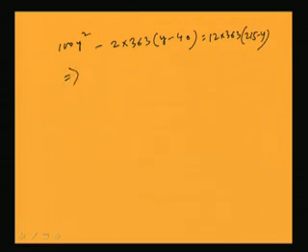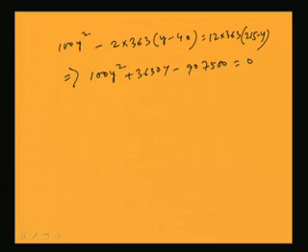Okay. So, from here I can find out the equation as 100 y square plus 3630 y minus 907500 is equal to 0. From this I can find out y is equal to 78.8 mm.